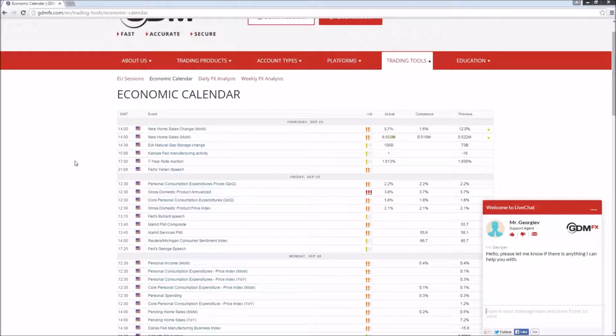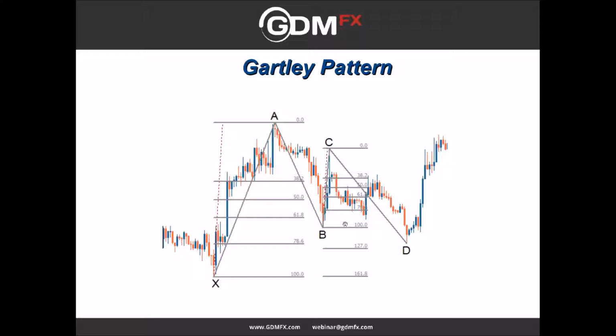Getting back to our Gartley pattern, let's get back to the presentation material which we have. There we go. Moving to the BC leg, but before that, let's repeat one more time what we've been talking about. The XA leg is the longest leg of the Gartley pattern. The AB leg should retrace at least 61.8% in an ideal world.